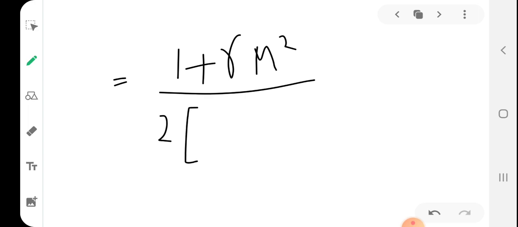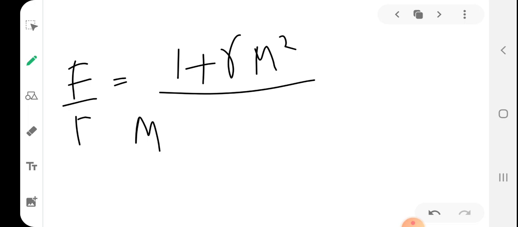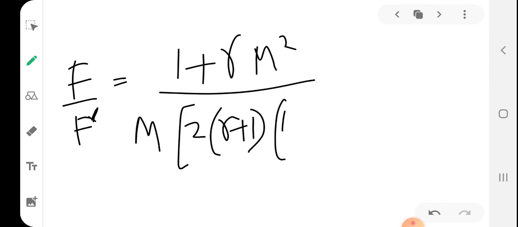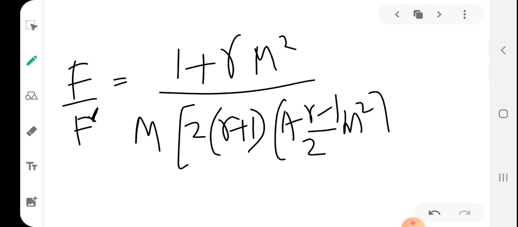F by F star is nothing but (1 + gamma M squared) by M times the square root of 2 (gamma + 1) (1 + (gamma minus 1) by 2 M squared), raised to half. So this is the equation for F by F star. Students, don't worry about the length of the equation.